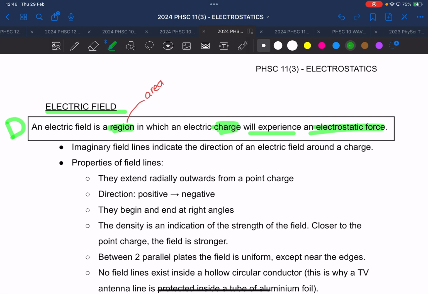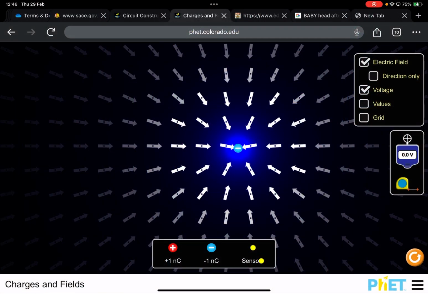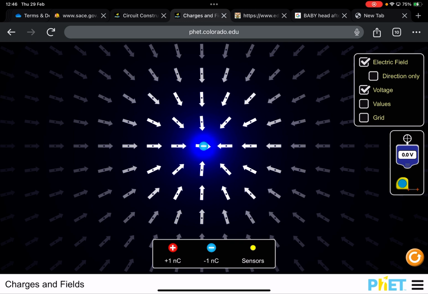If you look there, you see we have a negative charge, and just like with electricity, when you have the direction of electricity, it is the conventional current direction in circuits.